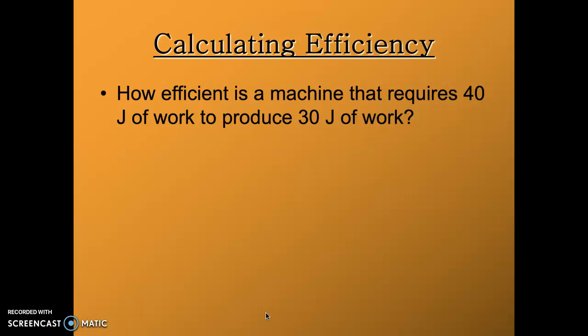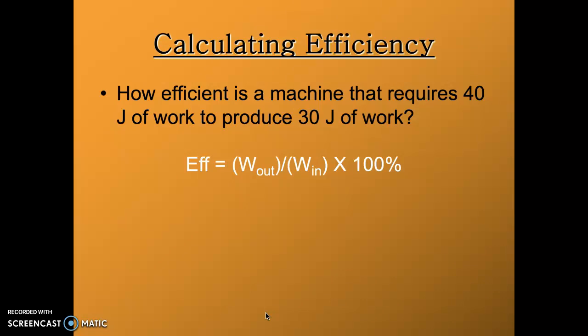Okay. Now we can do this by looking and comparing forces. We can do this by comparing the amount of energy. All these are different things as long as we are comparing what goes in to what goes out. In this case, we're measuring work out and work in. Work, again, is measured in joules, force times distance.